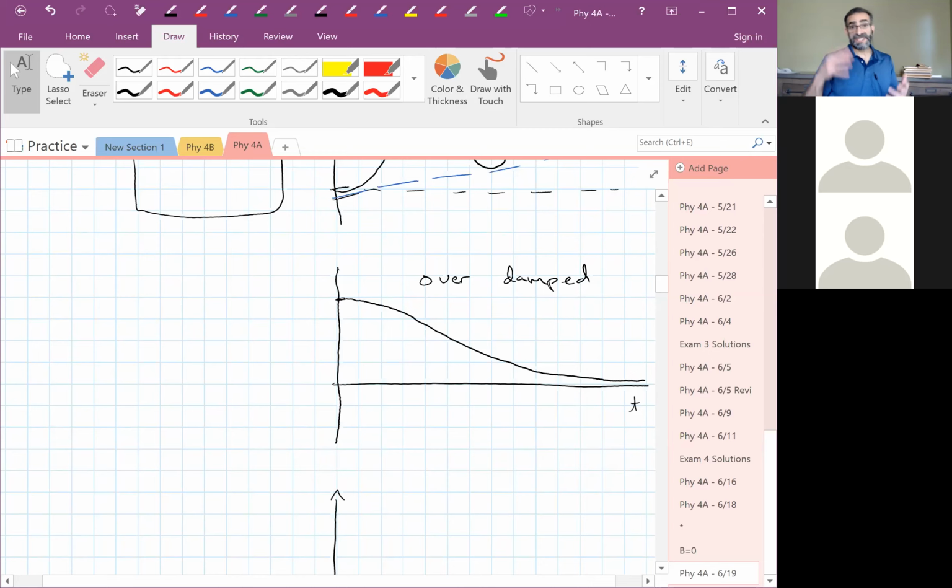So you've seen on the tops of doors, they have these pistons in there that will pull the door closed, but then there's some kind of an air piston that causes it to close slowly. It damps the motion, but you don't want it overdamped because it'll take forever for the door to close. You want the door to close as quickly as possible without passing through its equilibrium position, without slamming. That's critically damped.